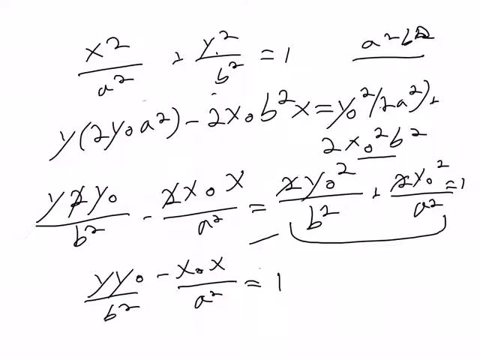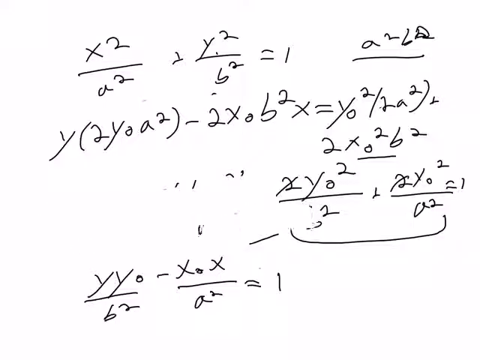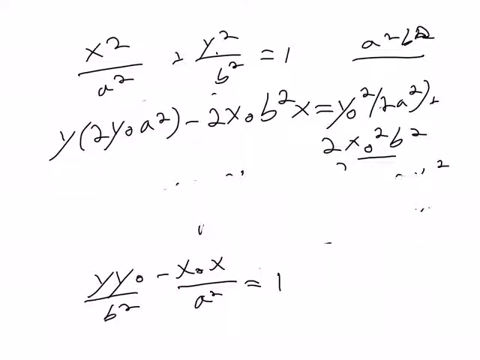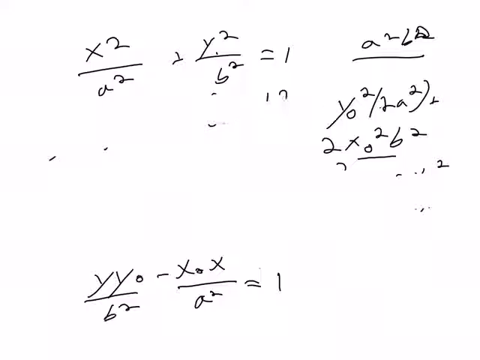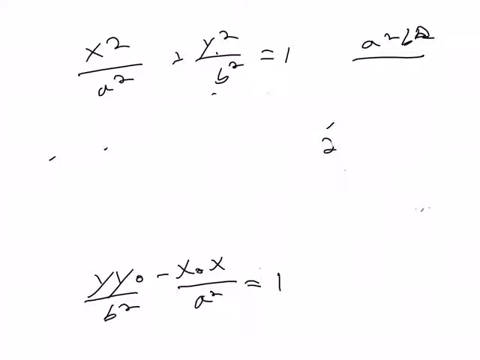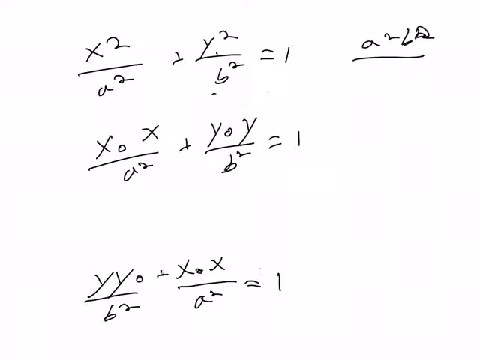And what we were trying to prove is something a little different, so I assume I just made a small mistake in a sign at some point. We're trying to prove that the tangent lines are of the form x0 x over a squared plus y0 y over b squared is equal to 1. So I assume that this just needs to be plus, and we'll be done with that problem.